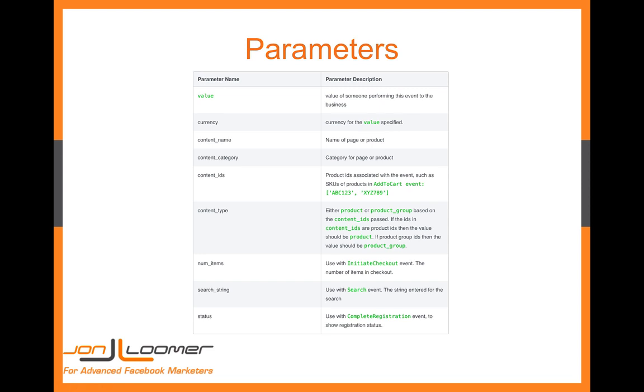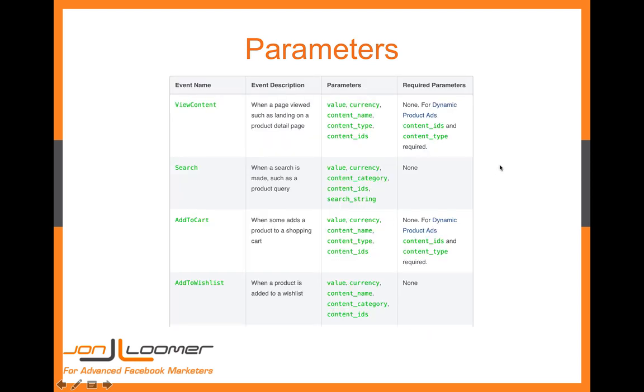And so for each of these, it also kind of provides a little bit of detail in terms of which event you can use it for, if it matters. But like content name, content category, you can use that for anything. And again, these are pulled from Facebook links that I'll get you as well within the replay notes, that goes event by event, saying what types of parameters we can use here too.